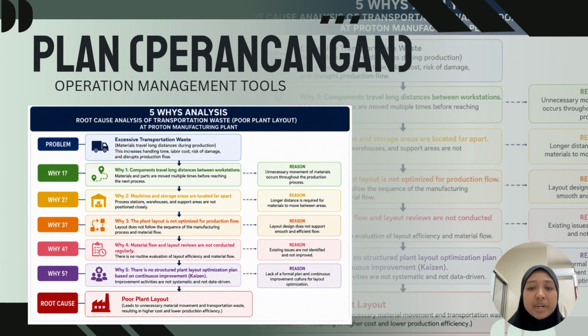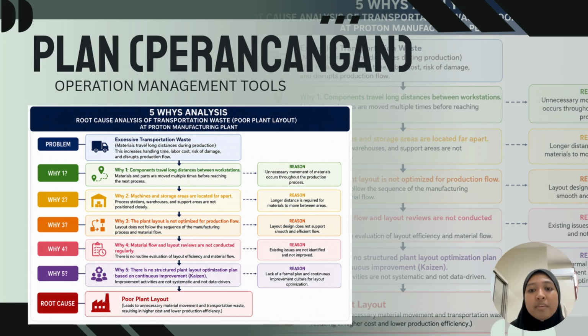This is an operation management tool, same as the fishbone diagram. This is the 5 whys analysis to identify the root cause of transportation waste. The problem begins with excessive movement of materials during production. The first reason is that components must travel long distances between workstations. This happens because machines and storage areas are located far apart.